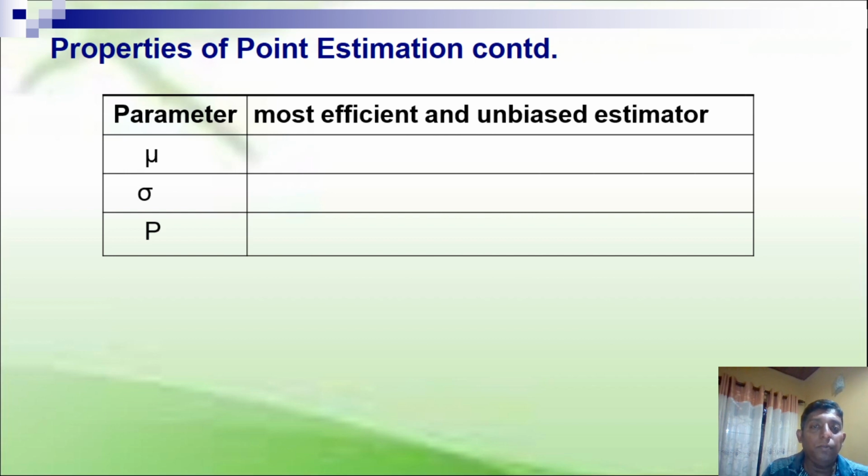Now see some examples for the properties, the most efficient unbiased estimators for the given parameters. For the population parameter mu, we know the most efficient and unbiased estimator is x bar, because the expected value of x bar is equal to mu.